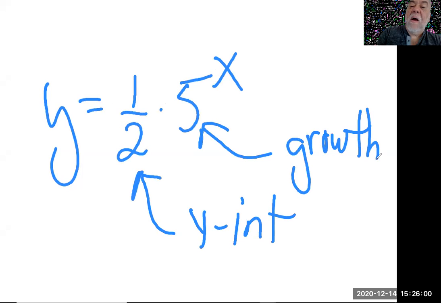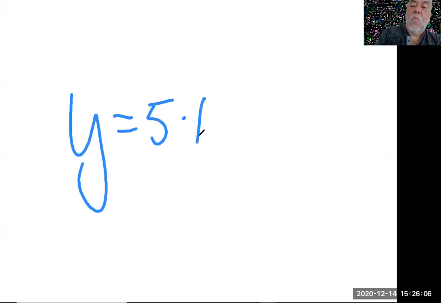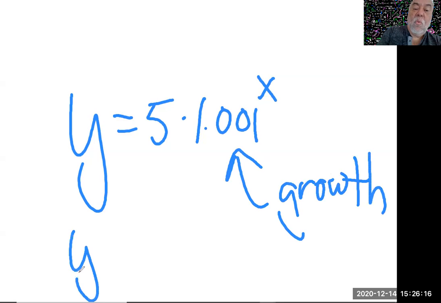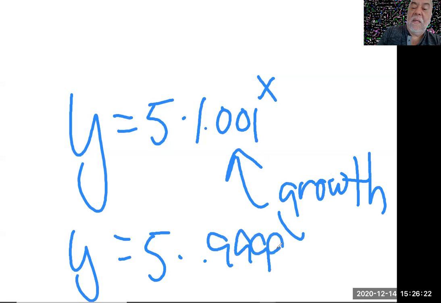And it doesn't matter how big or small it is. I could say y is equal to 5 times 1.001 to the x. This is still growth because it's still greater than 1. As opposed to y is equal to 5 times 0.9999 to the x.